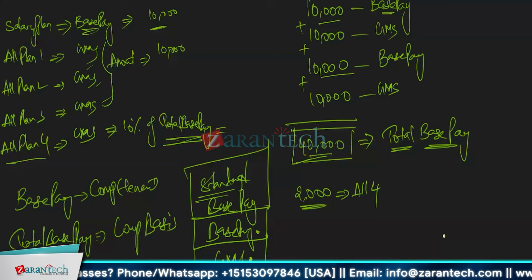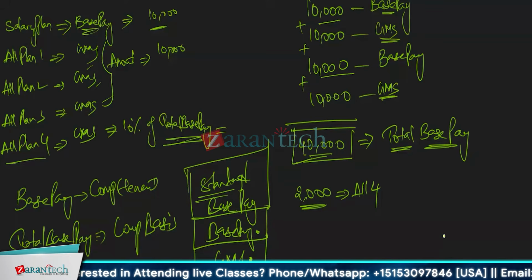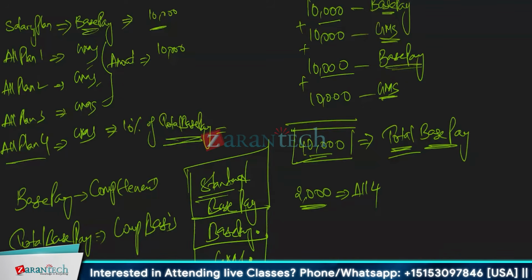So this is one of the uses of compensation element group, especially if you want to use your own compensation elements like this, but still want to calculate that particular comp element as a part of total base pay.